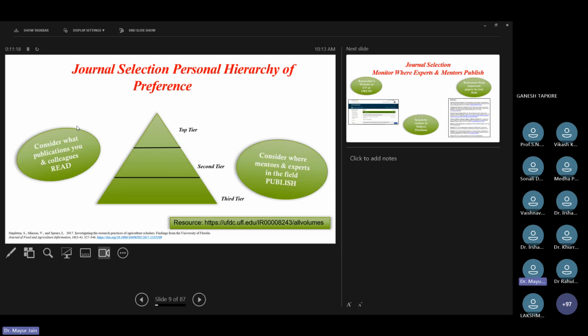Okay. There are other ways, obviously, to select a journal. I think the first thing is to consider what publications you and your colleagues read. That is, I think, most important. Sometimes what happens is that promotion also depends on it.